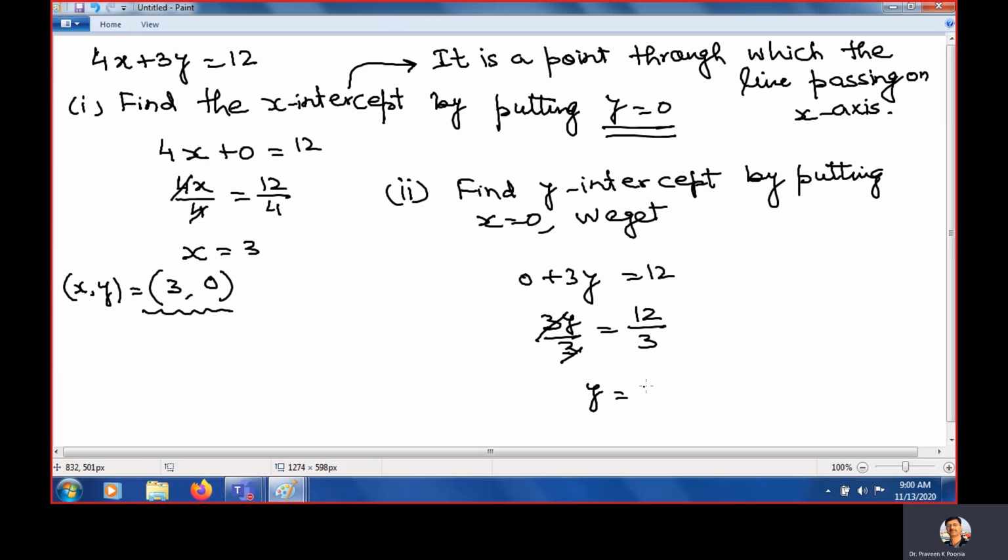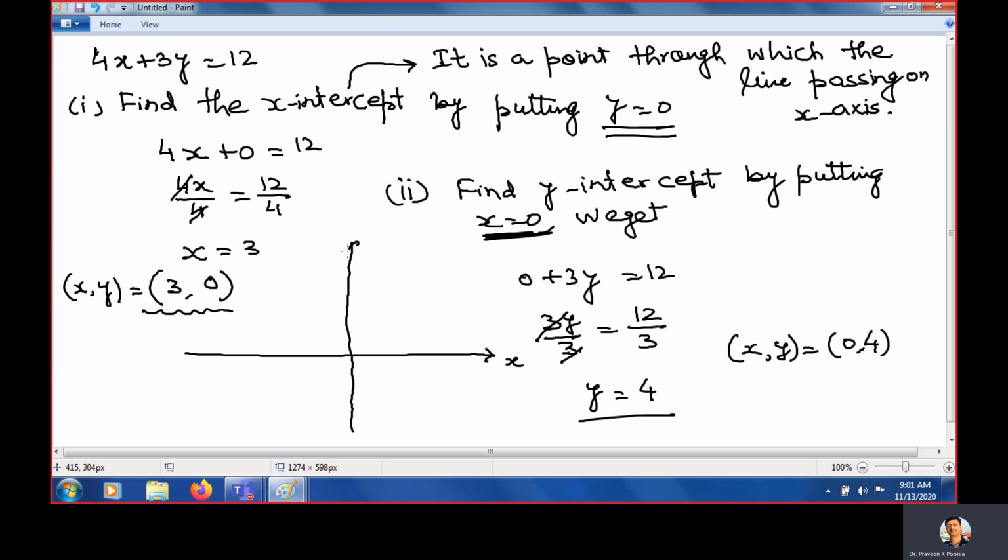So y equals 12 by 3, which is 4. So what is the value of x? It is 0 because we put x equal to 0. And what is the value of y? It is 4. So (0, 4). This is the coordinate on the y-axis. The y intercept means the point through which the line passes on the y-axis. Clear? Now we will try to draw it here.